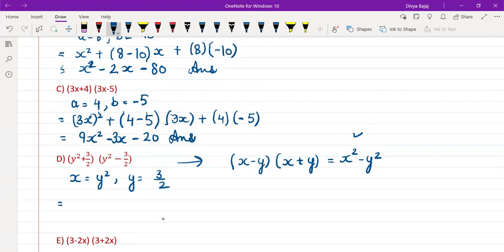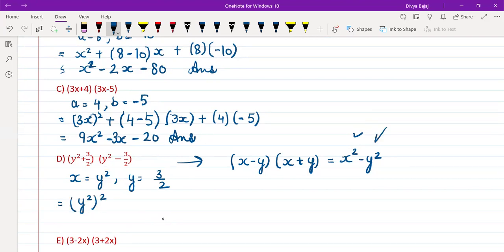Both ways are correct because they are in the form of multiplication, in separate brackets. So it's x plus y and x minus y, which will give us x square. We are going to do the square of the first term. Our first term is y square here, so I will first write y square, doing the square of my first term.